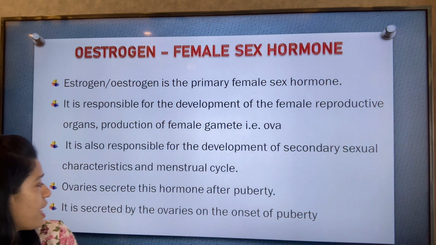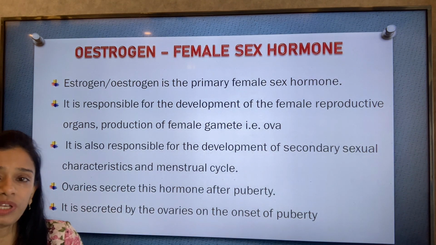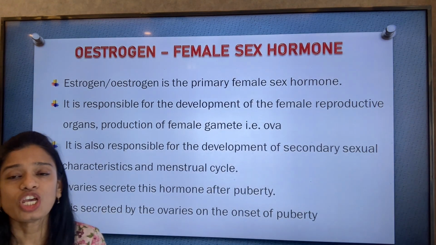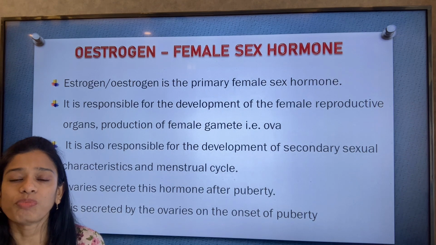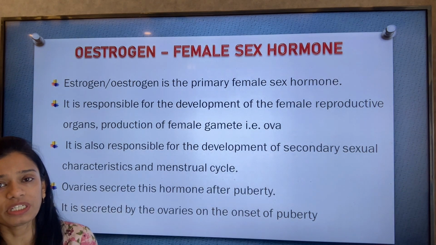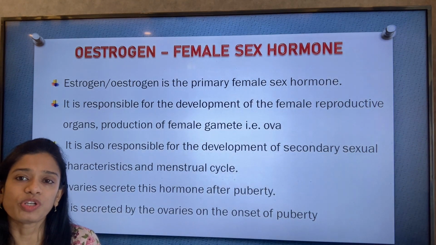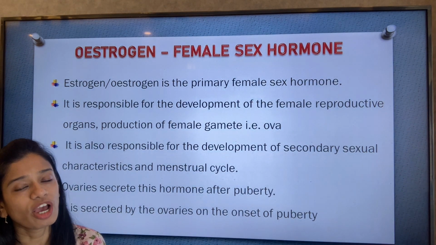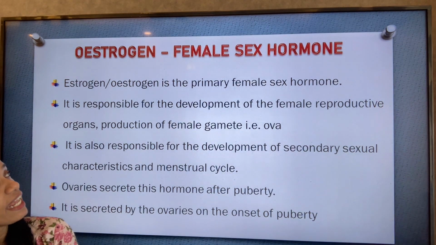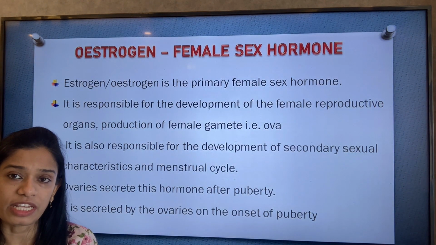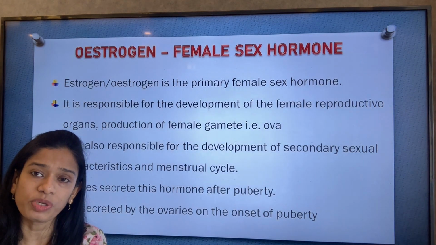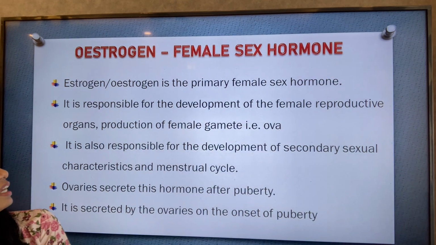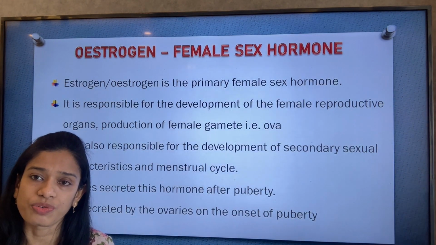The ovaries secrete this hormone only after the onset of puberty, and it is produced along with the ova. There is another female sex hormone that we know of, known as progesterone, other than oestrogen.